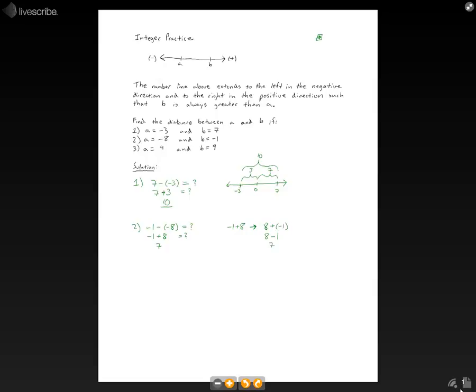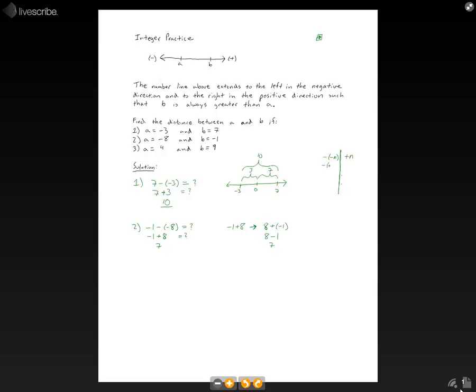So I'll just list a table here. If you have minus a negative number, that becomes plus the number.